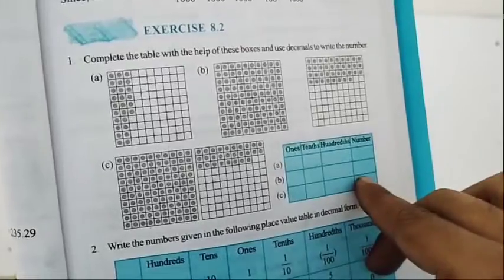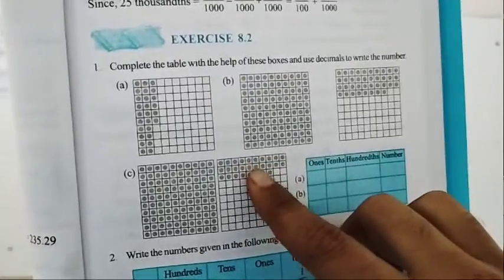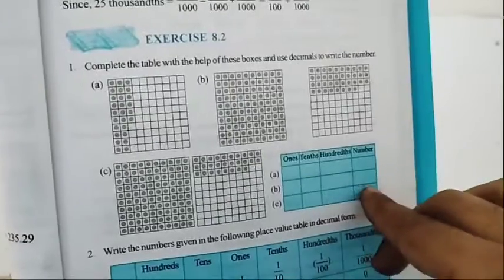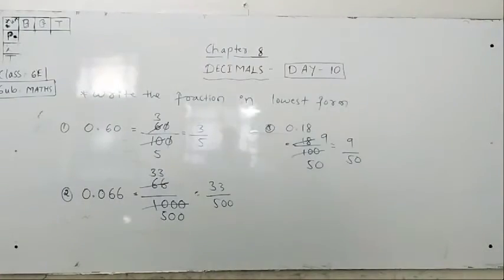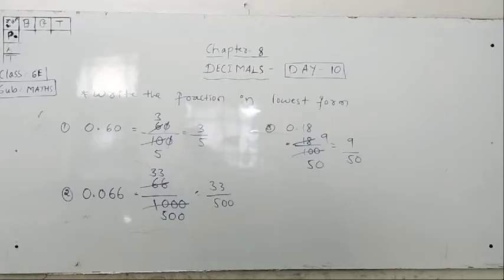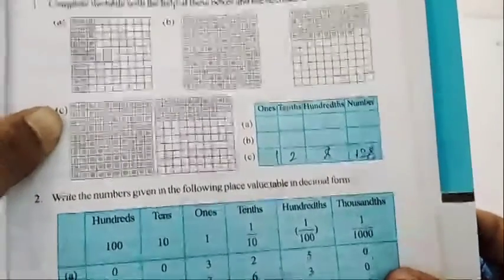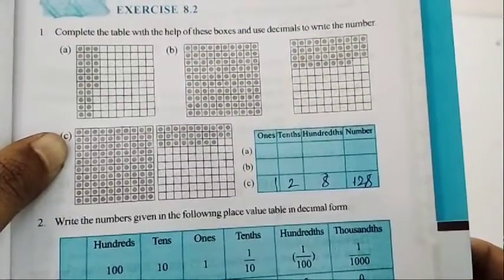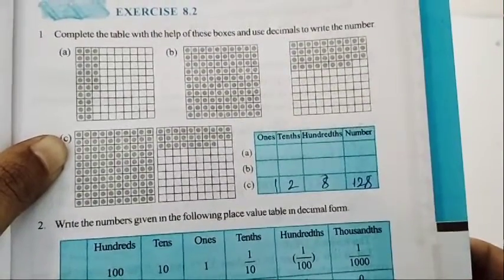And then for 100, how many here are there? 128, because I will write now: 128, 8, 2, 1. 128 dots are there. 1 in the ones place, 2 in the tens place and 8 in the hundreds place. That type only, how to solve that one.